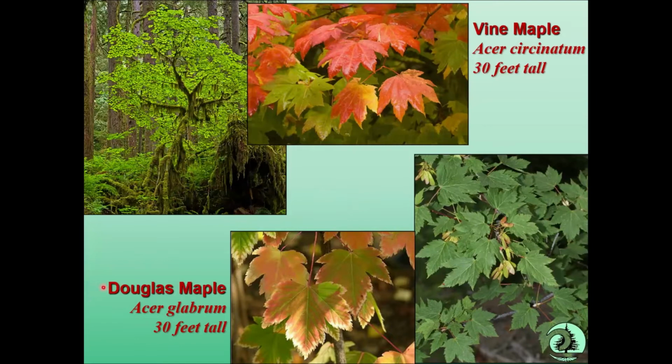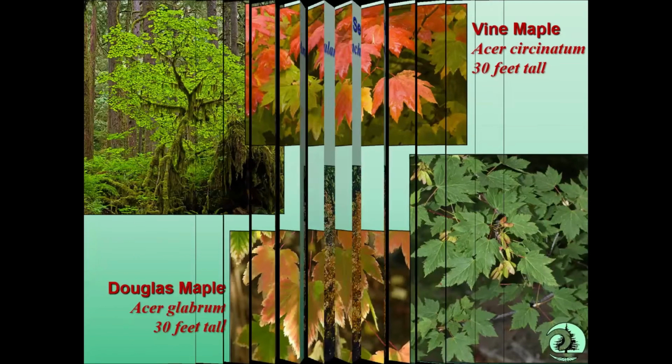Incredible. Both of these maples, you can modify them. You know, you can prune them, and they take well to that. So you can shape them as much as you want or let them just go wild as well.